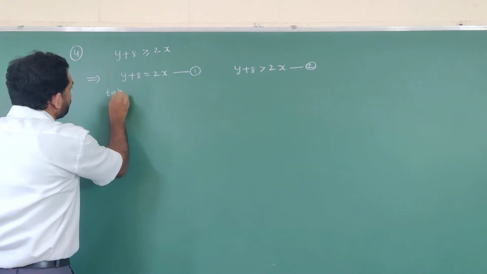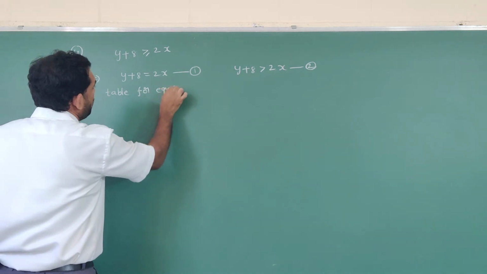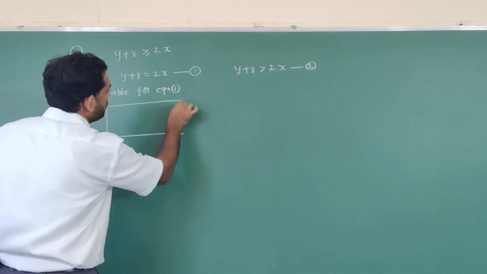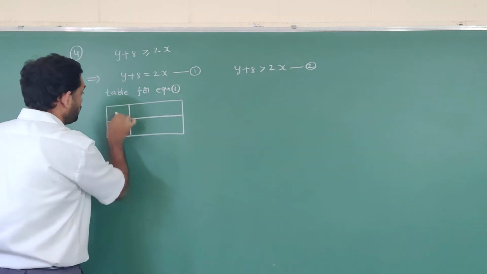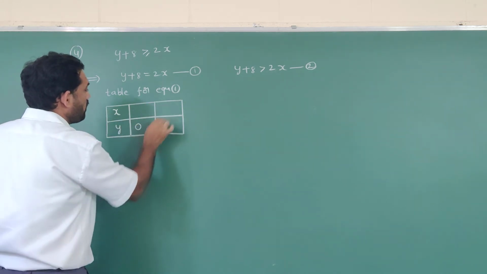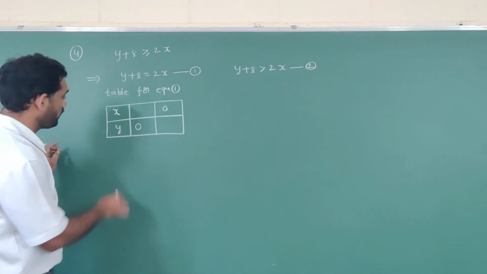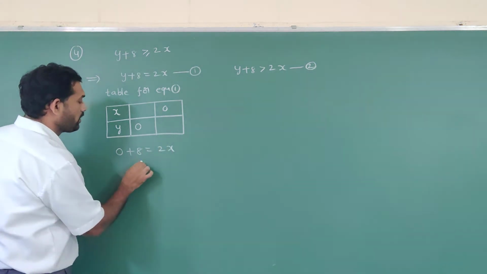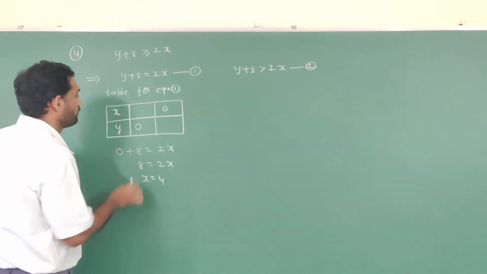Now the table for equation number 1: x, y. Substitute y equal to 0: 0 plus 8 equal to 2x, so 8 equal to 2x, x equal to 4.